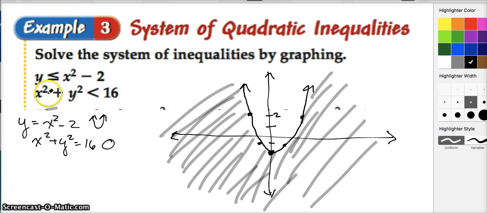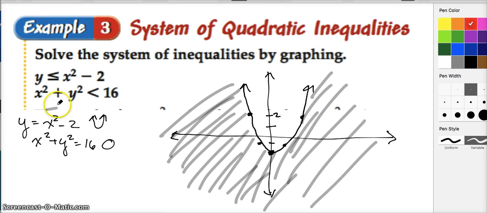If we wanted the circle itself to be greater than 16, then that would mean we want everything outside of the circle. And so this particular circle is centered at the origin because of the equation. We can see that. And so we're going to go up 4, 1, 2, 3, 4, down 4, 1, 2, 3, 4, to the left 4, and to the right 4.